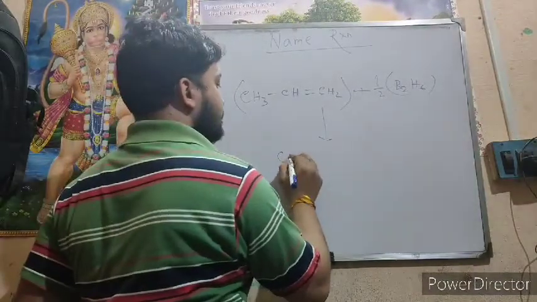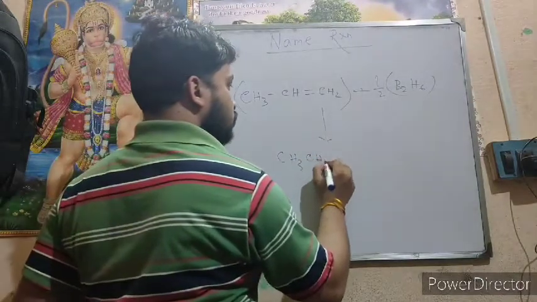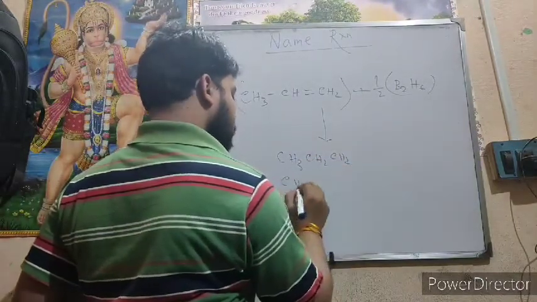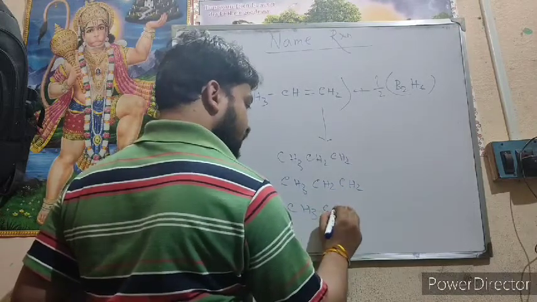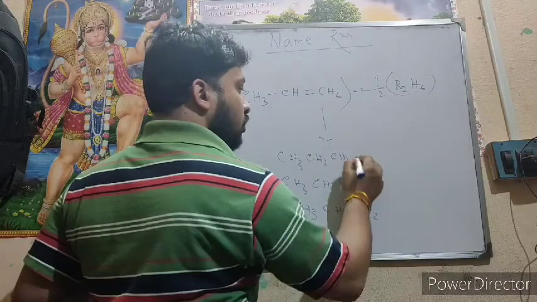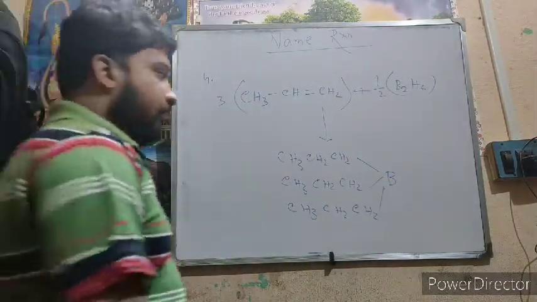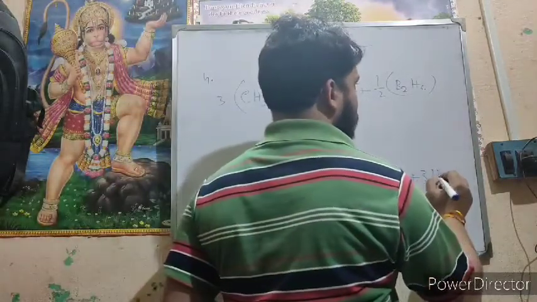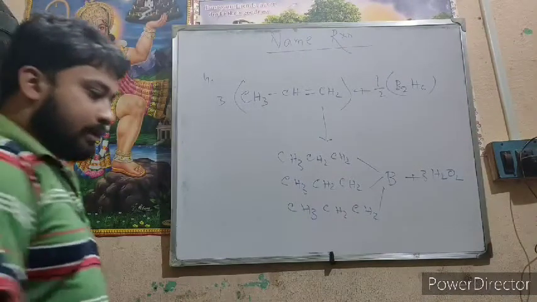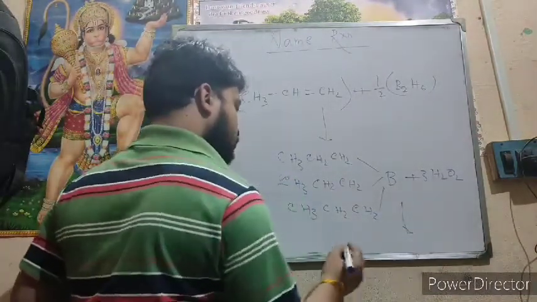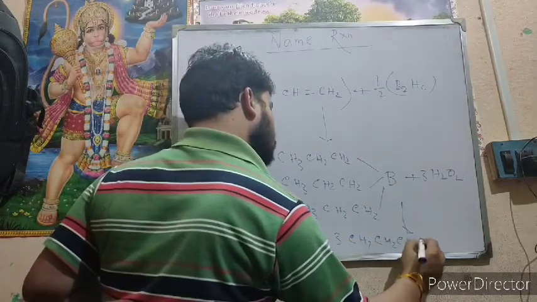You get CH3 CH2 CH2 groups all connected with B. And with 3H2O2, you give this, and the product is 3 CH3CH2CH2OH.